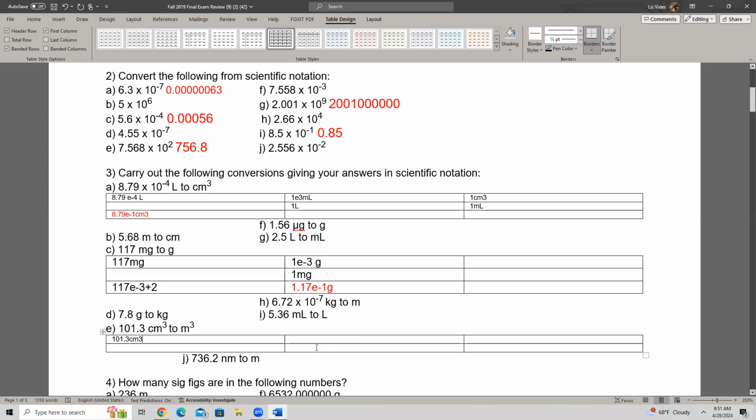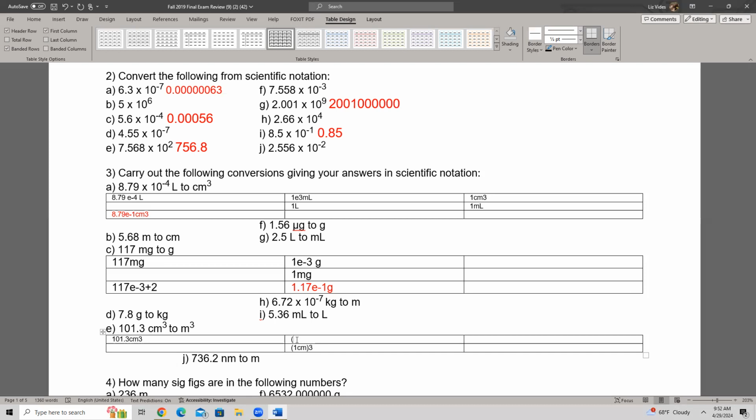So for this one, what you need to do is you need to say that 1 centimeter cube this way, because you actually have to cube everything since we do not have conversions in cube.